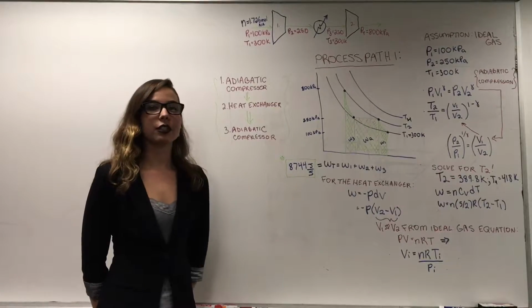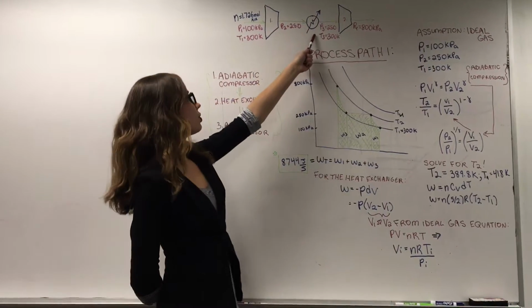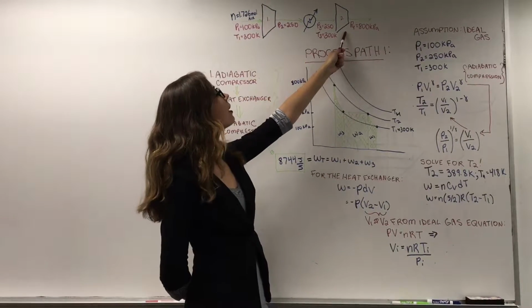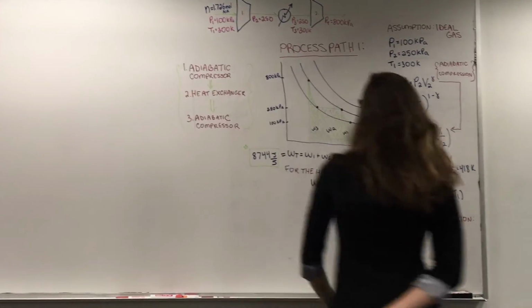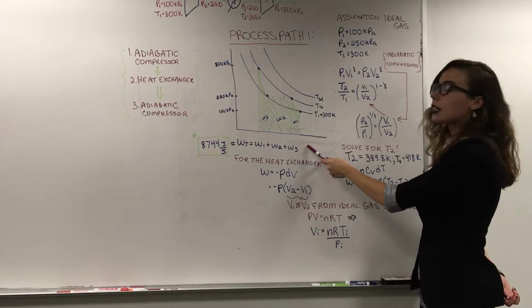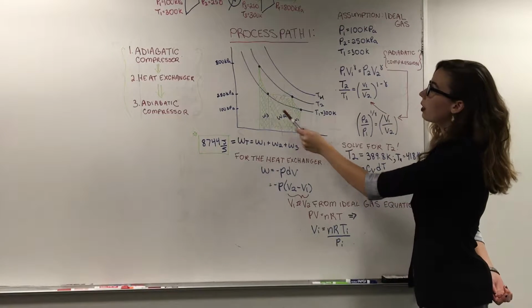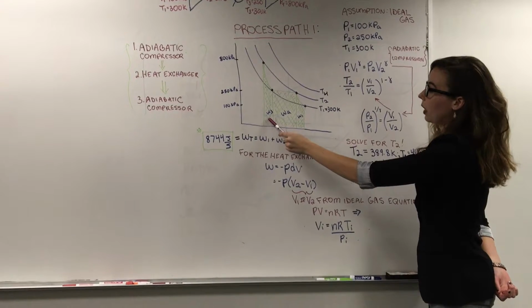For my compression system, I decided to use an adiabatic compressor, followed by a heat exchanger, followed by a second adiabatic compressor. Over here, I have detailed the PV diagram of what this would look like. On the diagram, there are 3 distinct areas of work corresponding to the compressor, the heat exchanger, and then the second compressor.